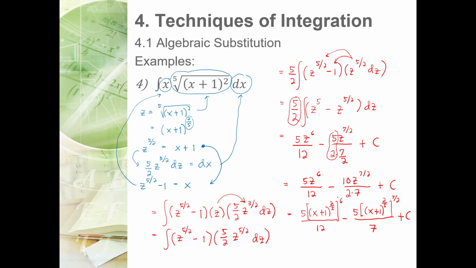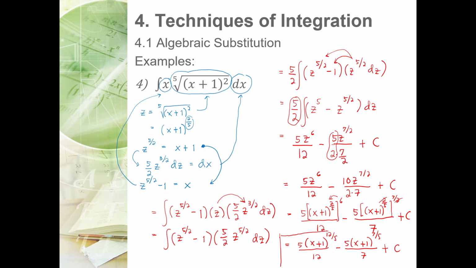So this one is 12, and the 2 cancels out. So the final answer is 5 times x plus 1 to the power of 12 fifths all over 12, then minus 5 times x plus 1 raised to 7 fifths all over 7 plus c.